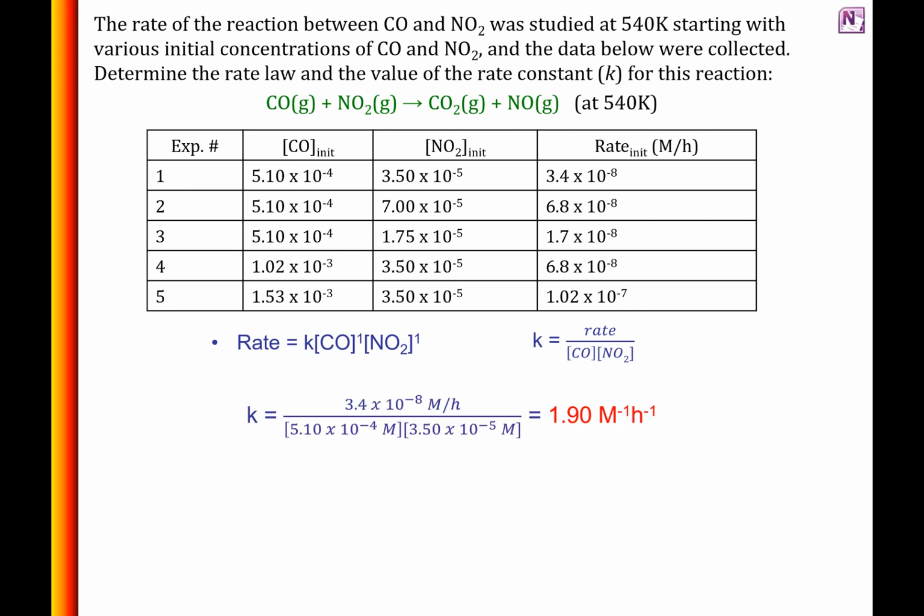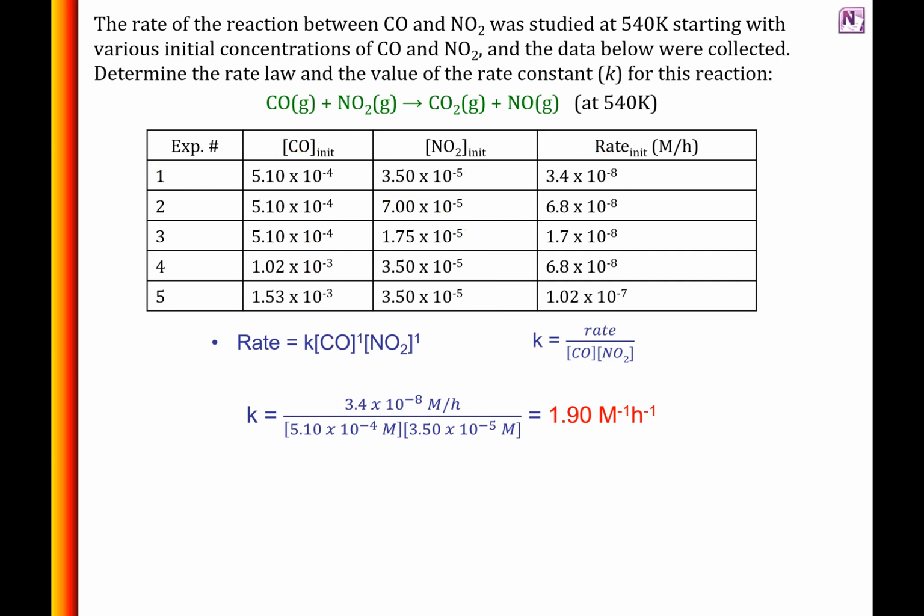Then just pick an experiment. Here I picked the first experiment. Here's your rate, goes here, and then CO and NO2. Plug those numbers in.